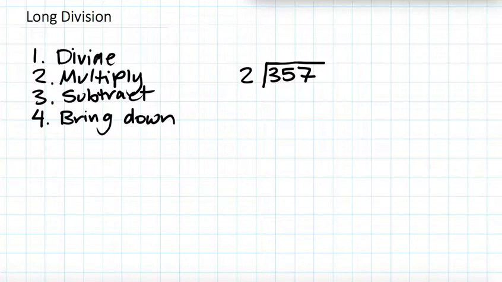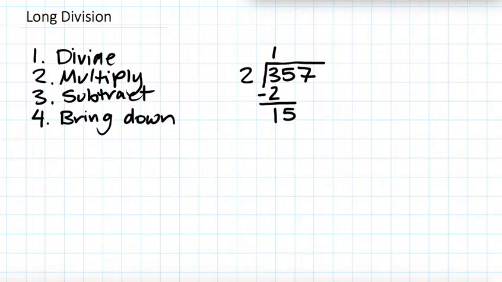And that is once. You want to figure out how many times it goes in without going over. And so we put the 1 on the top, that's the divide step. Multiply 2 times 1, which is 2, and that goes down here. And then we subtract. 3 minus 2 is 1, and then we bring down the 5.